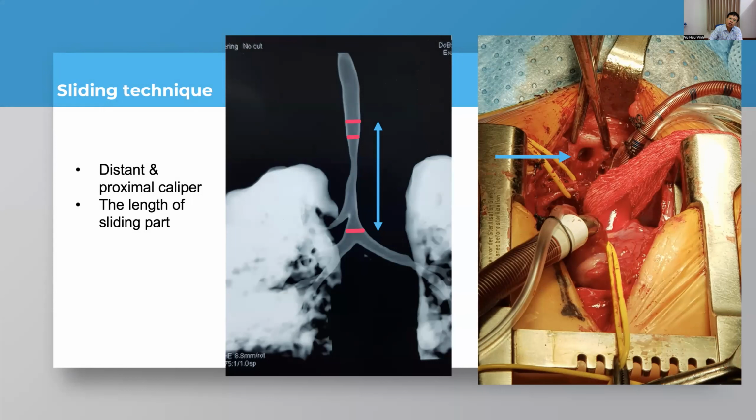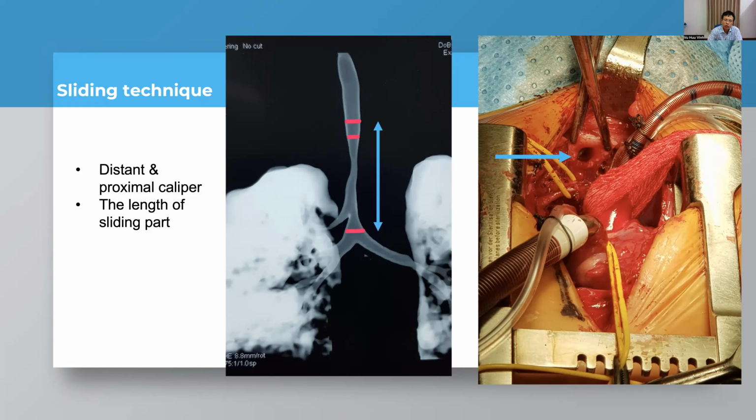The technique for reconstruction surgery is the sliding technique. Regarding the stenotic part, we have to define it, and we take the midpoint of that and transect at the midpoint.